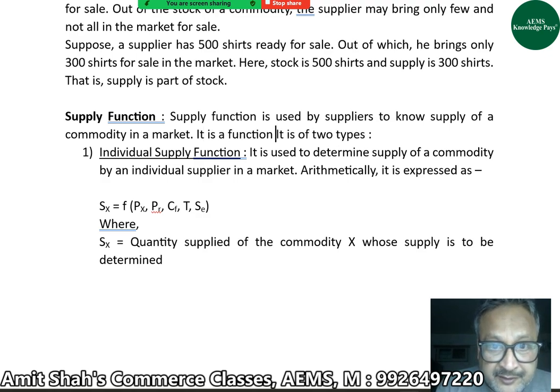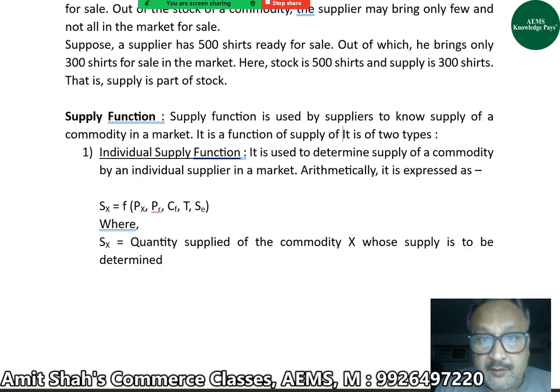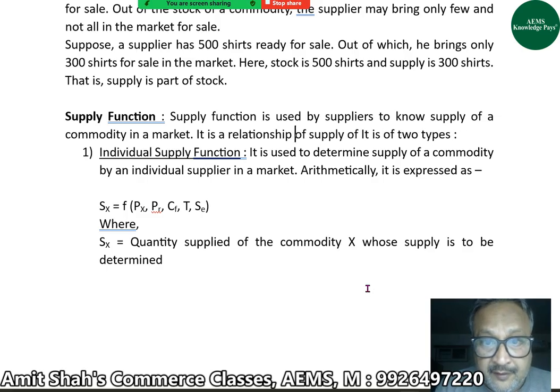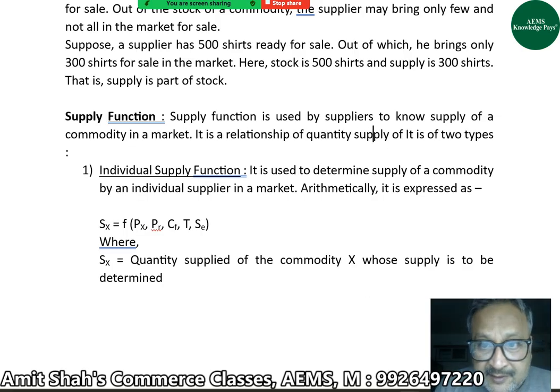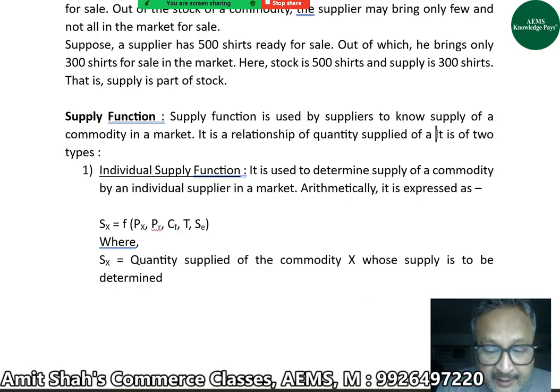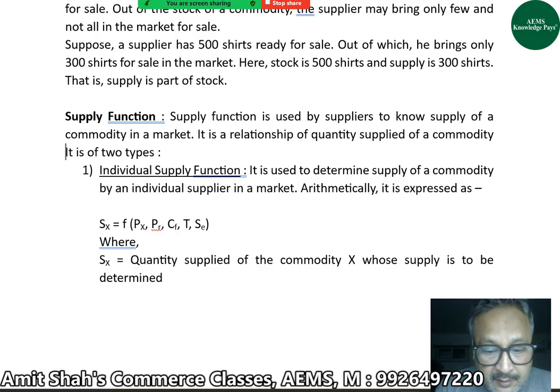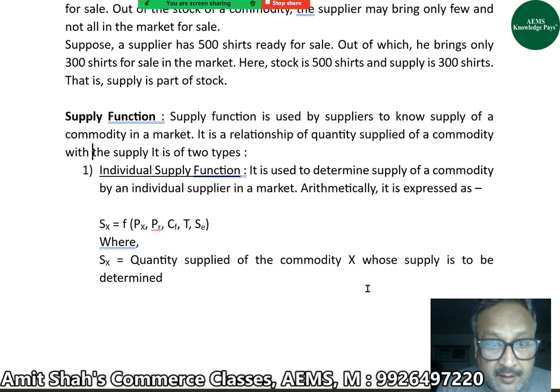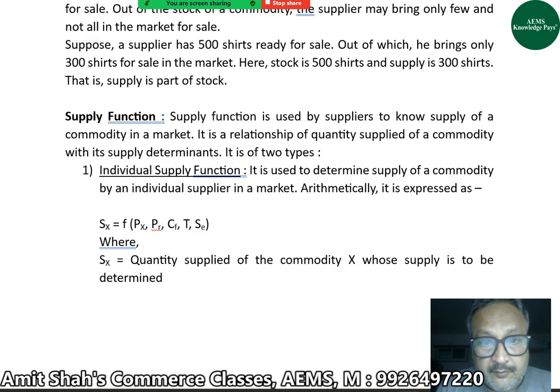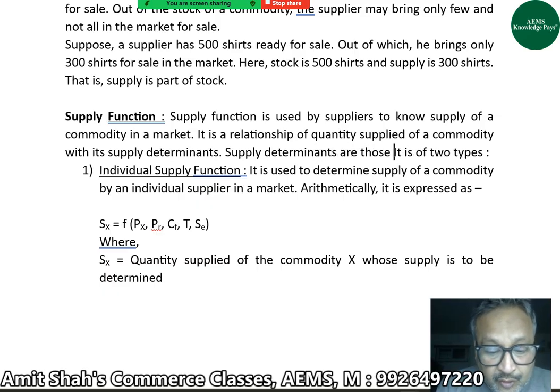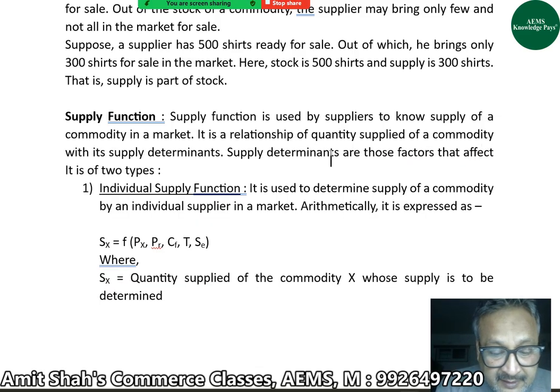Supply function is a relationship of quantity supplied of a commodity with its supply determinants. Supply determinants are those factors that affect supply of a commodity.